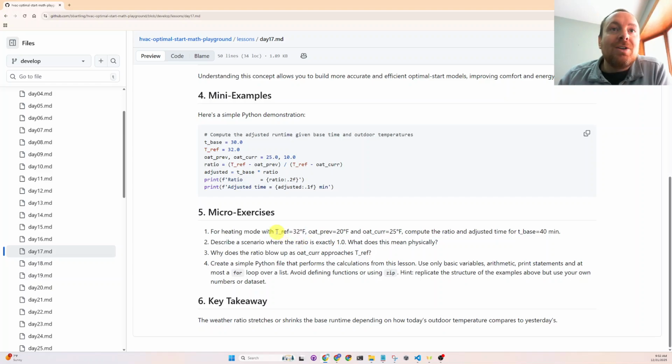I would put this down to like minus 10 Fahrenheit, where maybe in Wisconsin we could run HVAC systems continuously because it's so cold outside. And then the Tref for cooling mode is 100 degrees, so perhaps that's the outside air temperature at which we would run HVAC continuously because it's really hot outside.